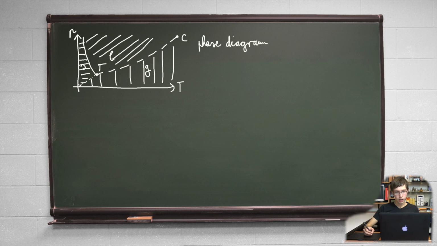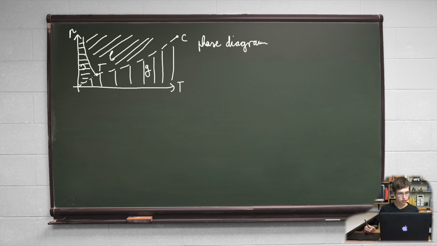Then the second line we have is this dashed line, which is between liquid and gas phase, and it represents boiling and condensation, because it is the transition from liquid to gas or from gaseous to liquid state of matter. And finally this dotted line, which is the line of sublimation and resublimation, which is the transition from solid to gaseous and from gaseous to solid state of matter respectively.